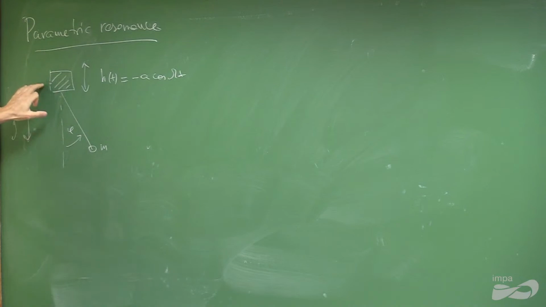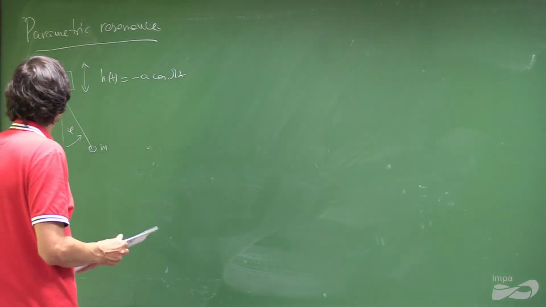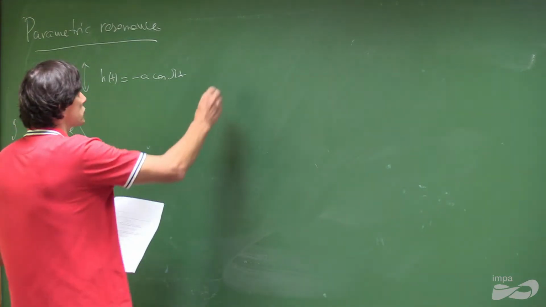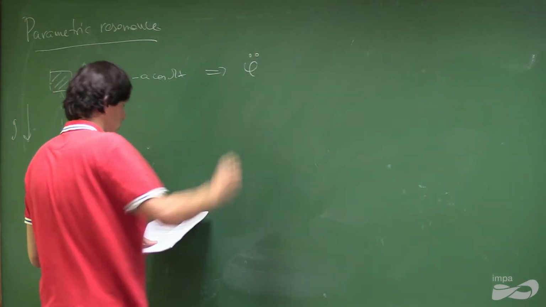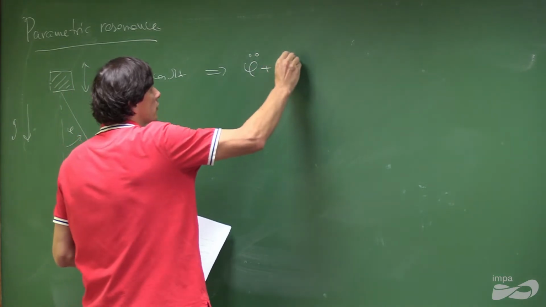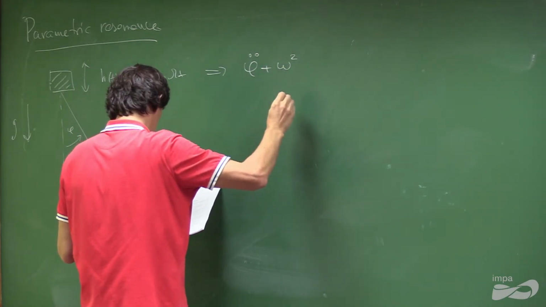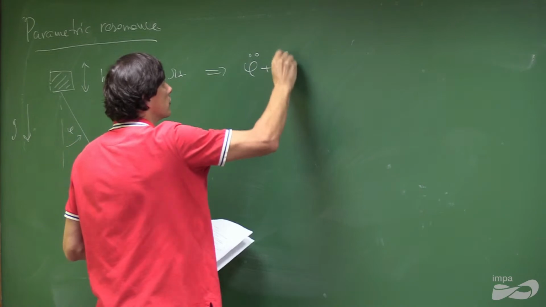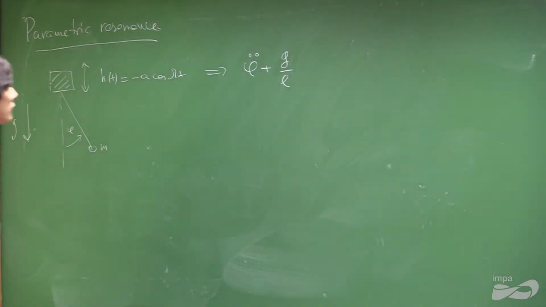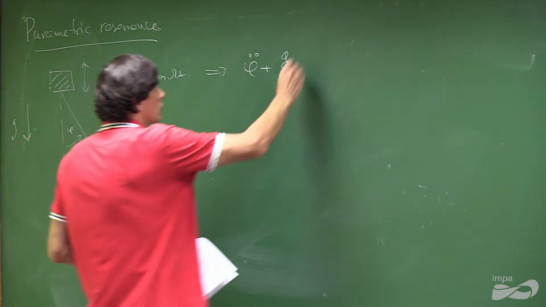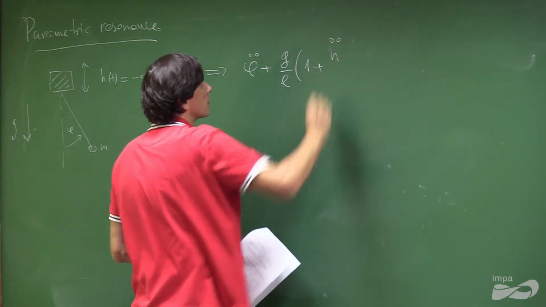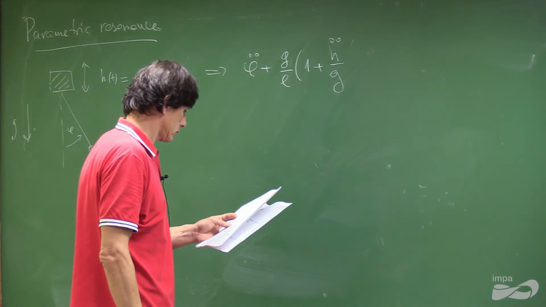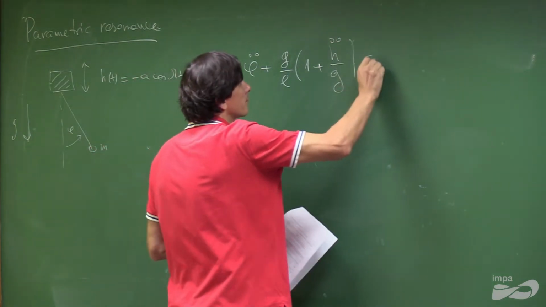And as a result, remember what was the equation of motion? I will just write it directly. The equation of motion was phi double dot plus omega squared, let's write it in original form, g over L, gravity over the length of the pendulum, times 1 plus the second derivative, the acceleration of the support, divided by g, sine phi equals 0.